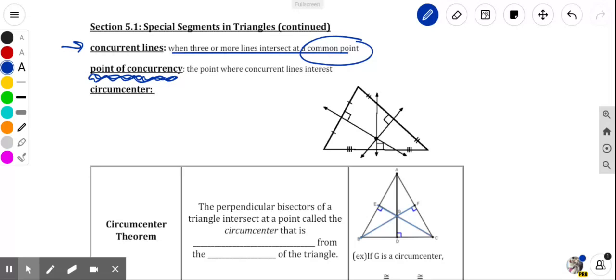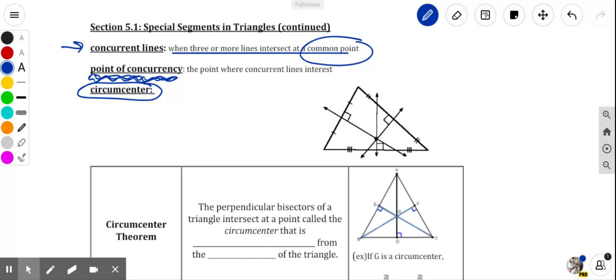Now, last week we learned the four different special segments. There's medians, altitudes, perpendicular bisectors, and angle bisectors. When you have a triangle with three medians, three altitudes, three angle bisectors, three perpendicular bisectors intersecting, they make a point of concurrency. So each special segment has a point of concurrency. So the first one is a circumcenter.